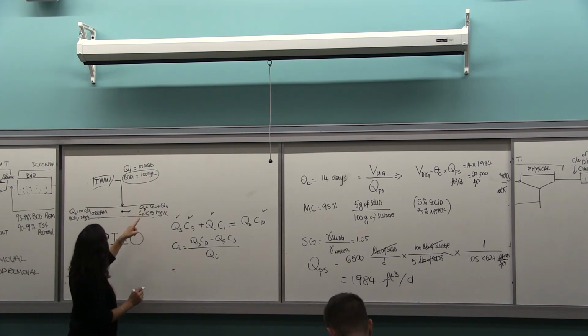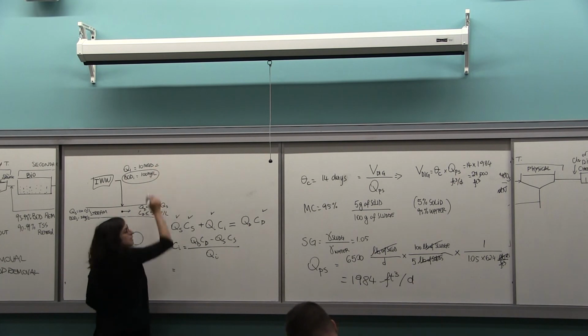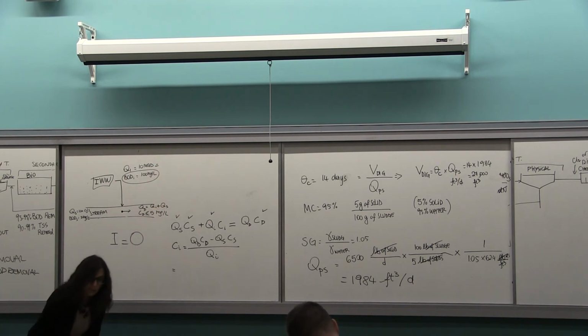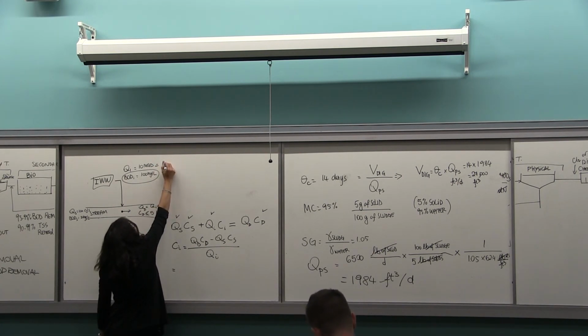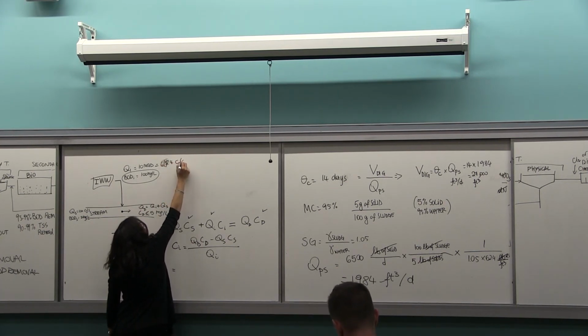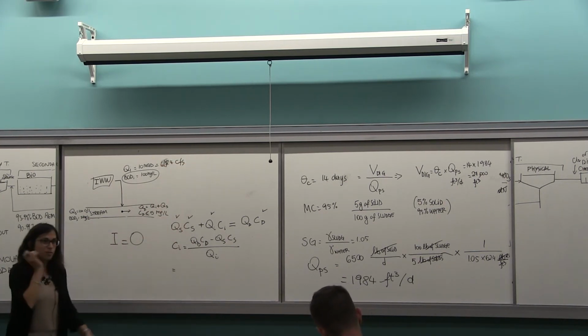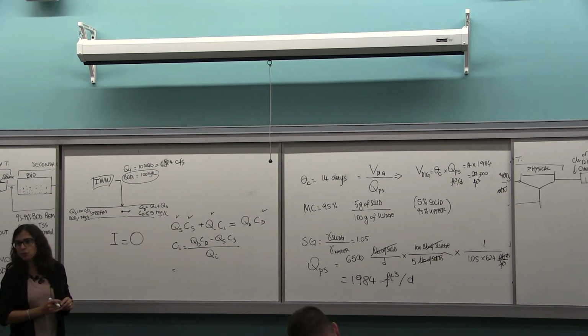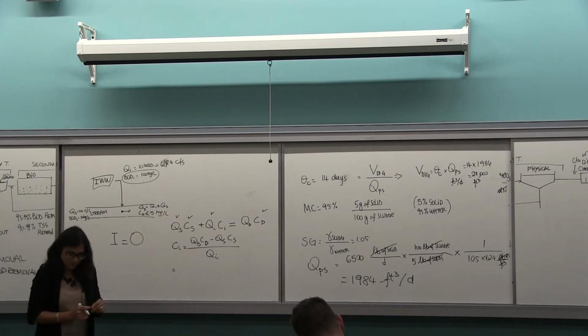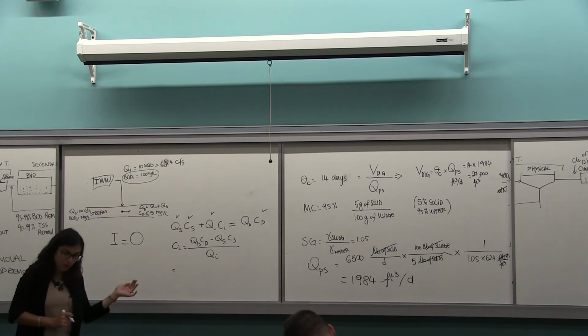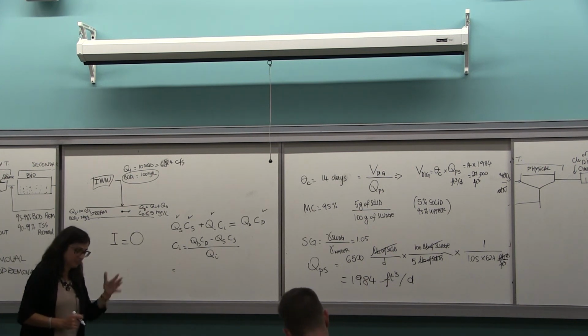So I have 10 mgd, which is 15.4 CFS. This is just the conversion from gallons to cubic feet, and from per day to per second.